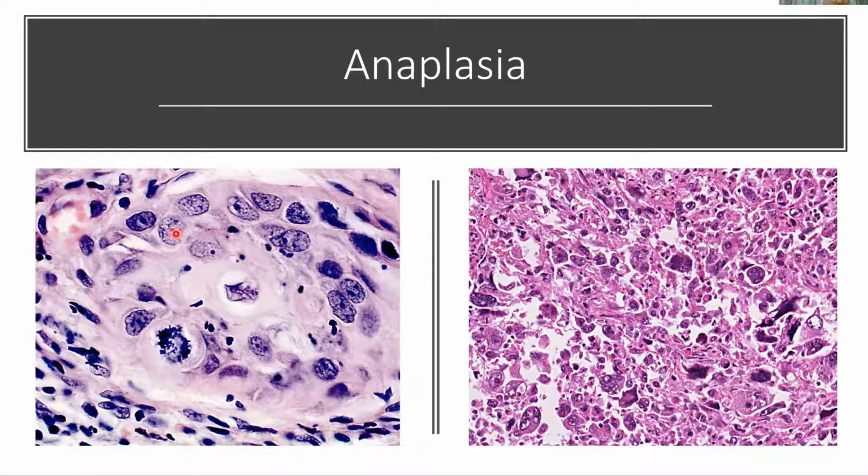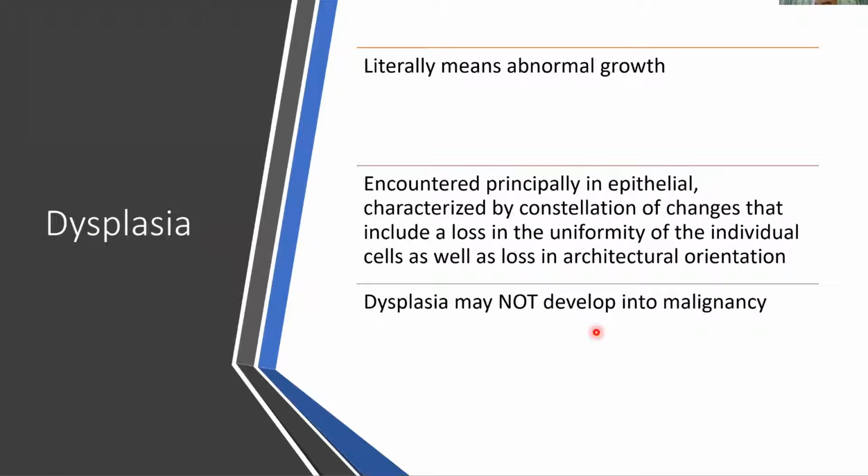Then the chromatin pattern here is dense, hyperchromatic, clumped, and here there are very prominent nucleoli. This is abnormal mitosis here. Again here, these are all abnormal mitosis. We can see the shapes of the tumor cells vary.